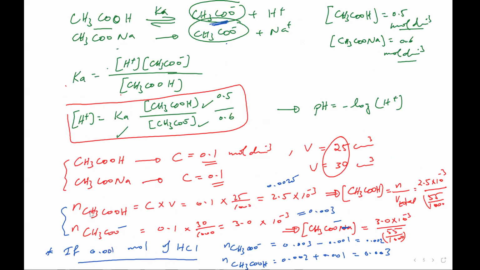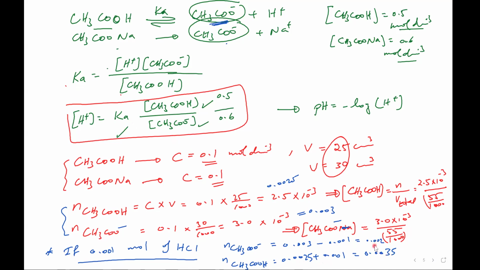After we calculated the number of moles of ethanoic acid and the number of moles of ethanoate, if 0.001 moles of HCl is added, it reacts with the conjugate base of the acid to form more acid. So the base amount will decrease by the value of the HCl added, and the ethanoic acid will increase. So this is 0.0025, it will be 0.0035.